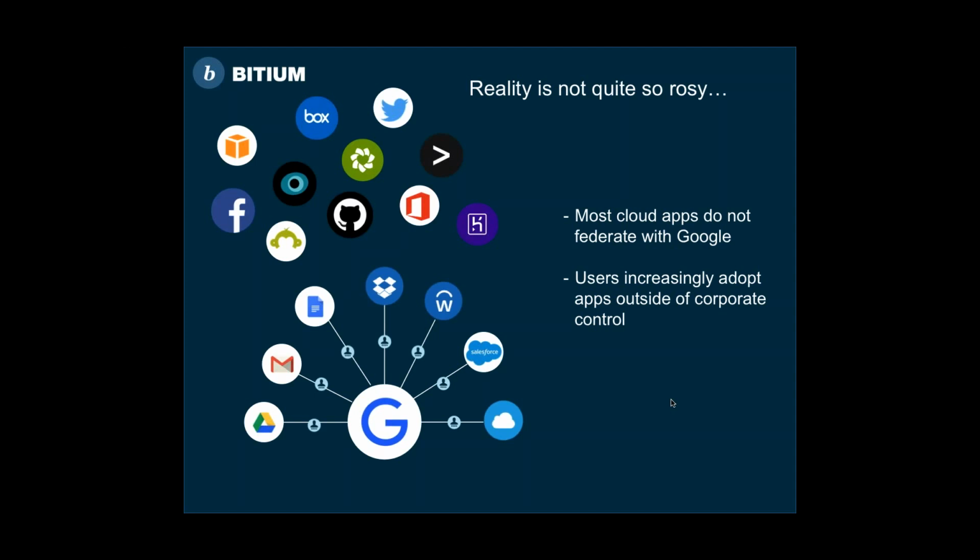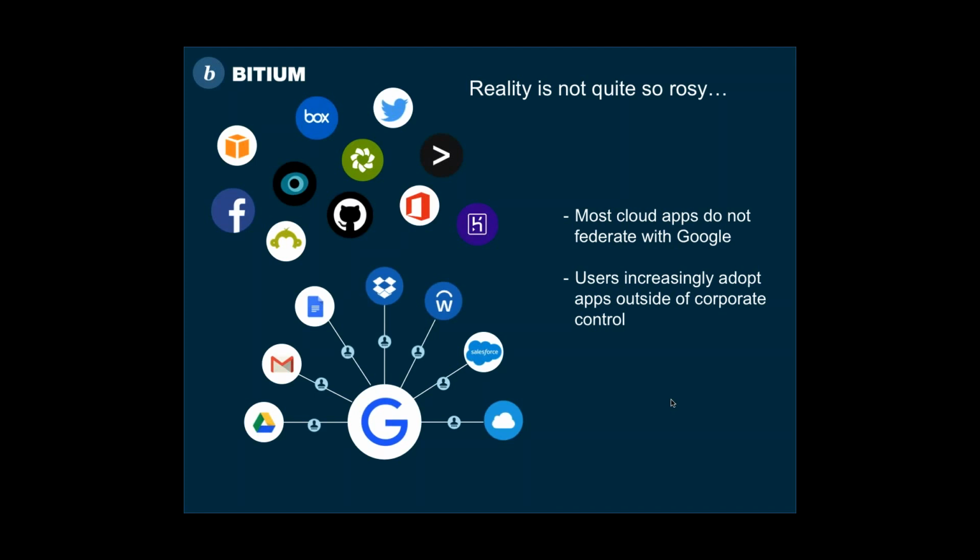The other aspect that we see every day is it's all well and good to have your IT group sit there and decide here are the applications used in the company. We just saw this in the polls of the number of applications that most people think they're using as a company. Our experience has been helping companies manage their cloud applications. The real number is about 5 times higher than that. And that's primarily driven by the fact that users are adopting their own apps outside of corporate control.